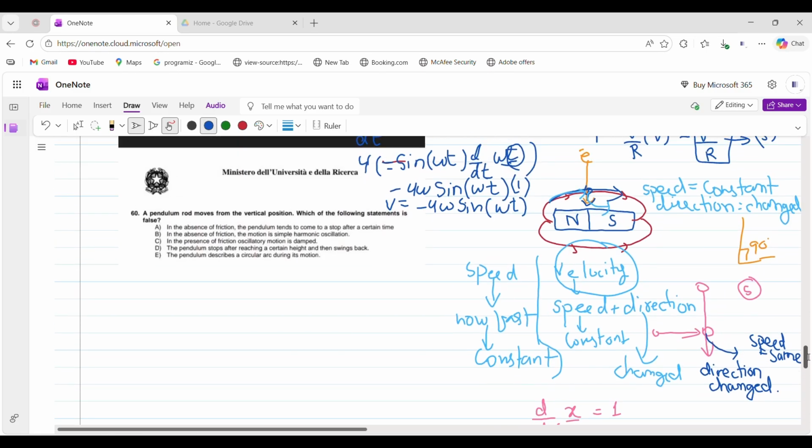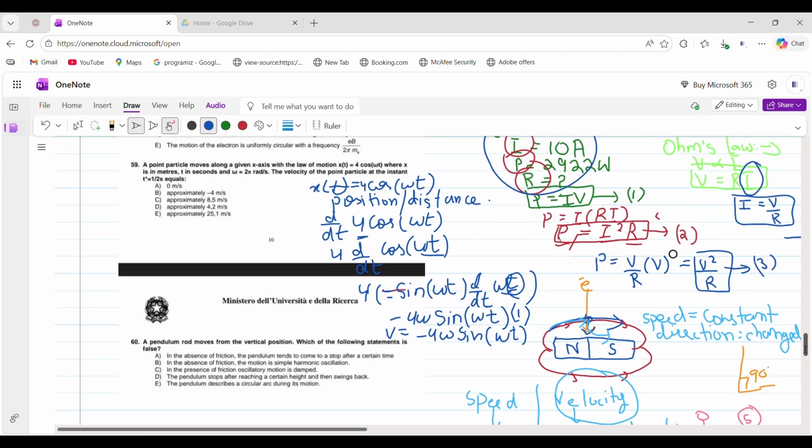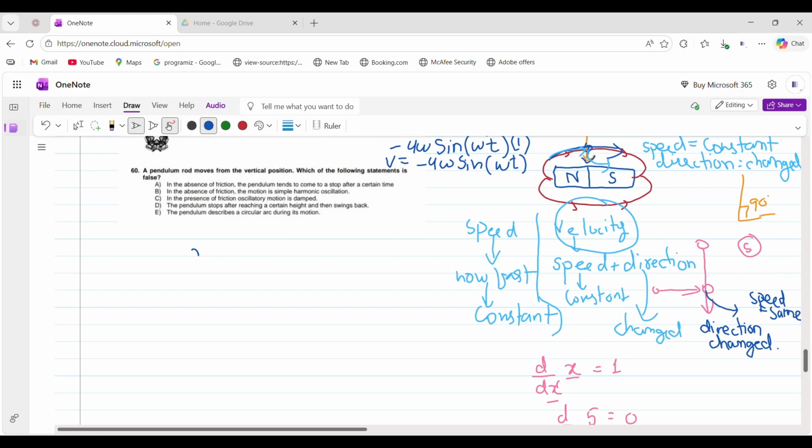Now you have to just substitute your values. Okay, omega, they have already given us 2 pi, so velocity is minus 4, instead of omega, 2 pi sine function, omega is 2 pi, time they have given 1/2.